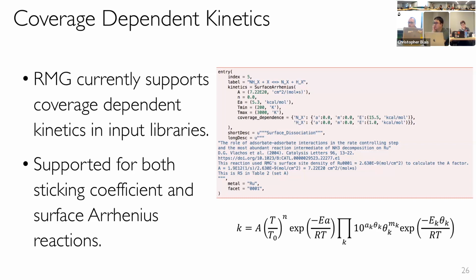We just treat everything as the same. That's something to consider, and maybe we should try to implement something like that before we put in our very complicated coverage dependent thermodynamics expressions. It is very important for a lot of surface mechanisms.